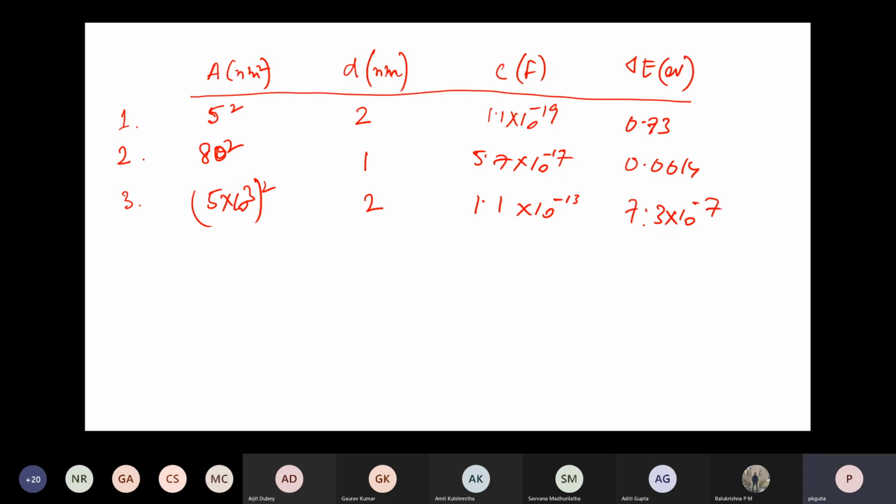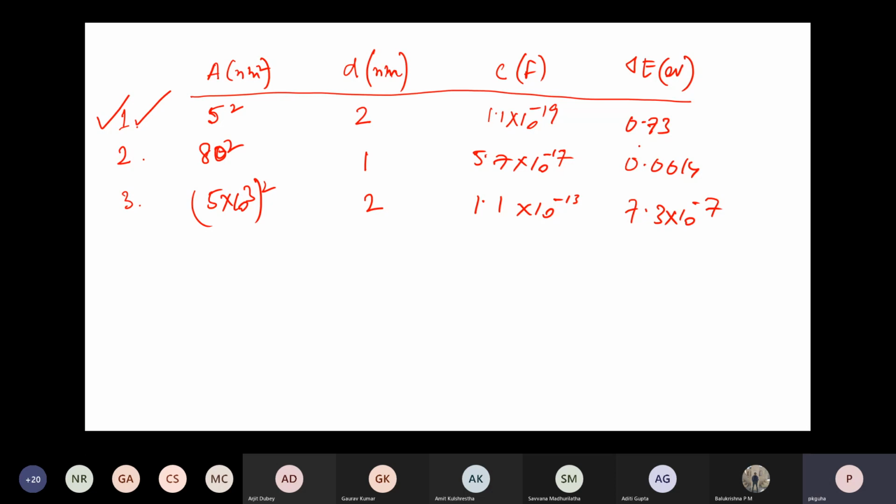So you see that in the first case, the capacitor is very small, of the order of 10 to the power minus 19, and transfer of a single electron requires an appreciable amount of energy, 0.73 electron volt.